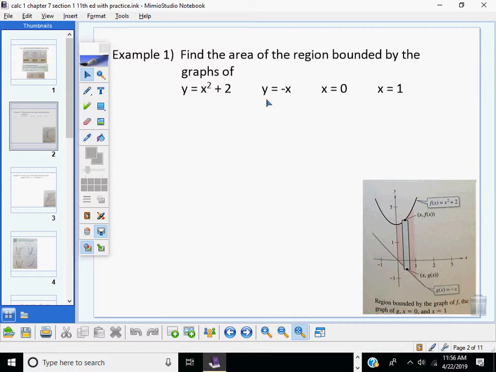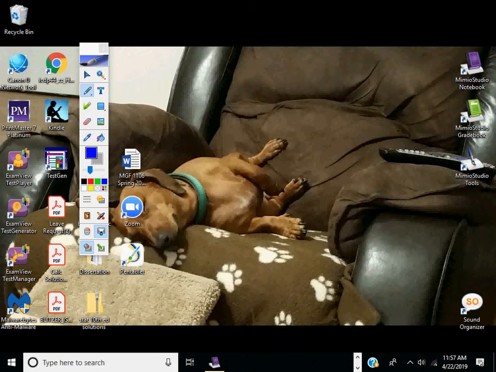So when x is 0, y is 0, the point (0, 0). That tells me that the higher y value is going to be the parabola that has the point (0, 2) in it. So my parabola is going to be on top. So I want to do that one first. That's my f of x. So let's label that one since it's on top. This one is going to be the f of x, and this one is going to be the g of x.